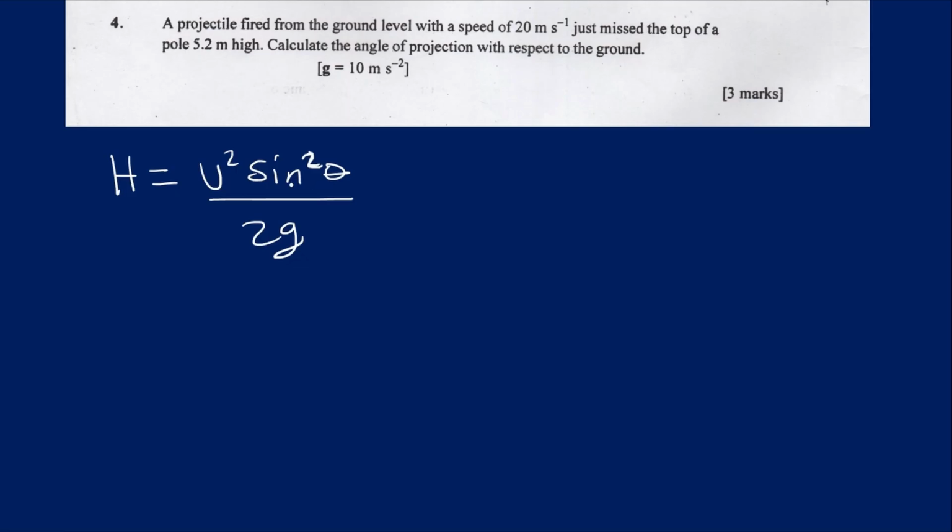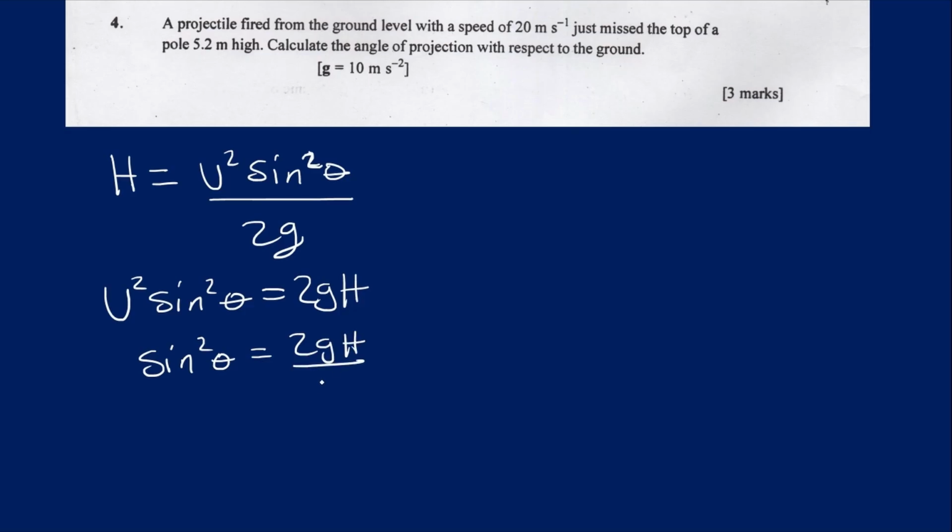So let's make sine theta the subject. We cross multiply. So u square sine square theta will multiply 1, and we have u square sine square theta. 2g will multiply h, and we have 2gh.